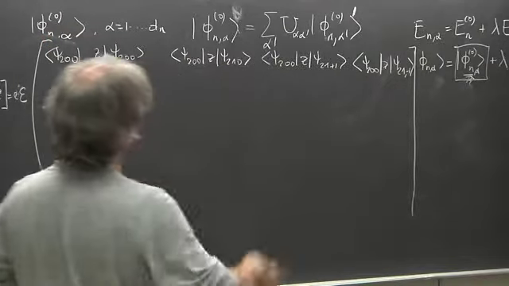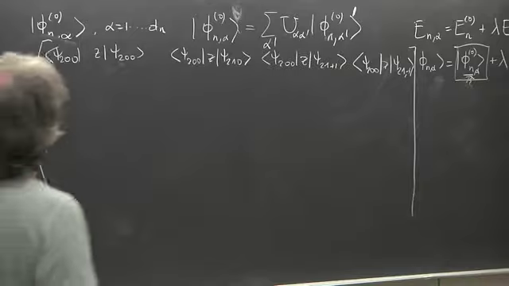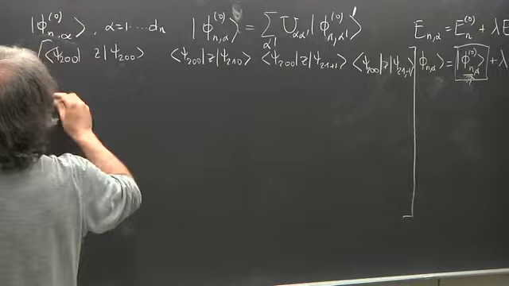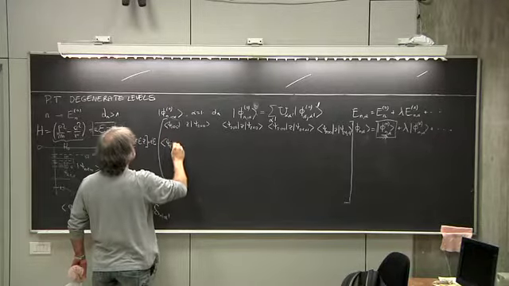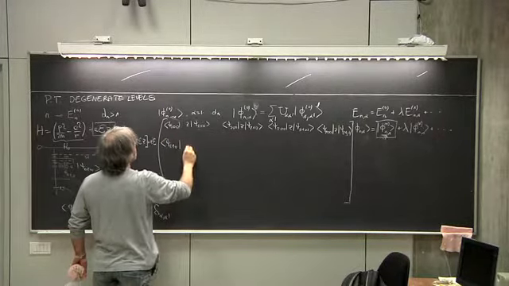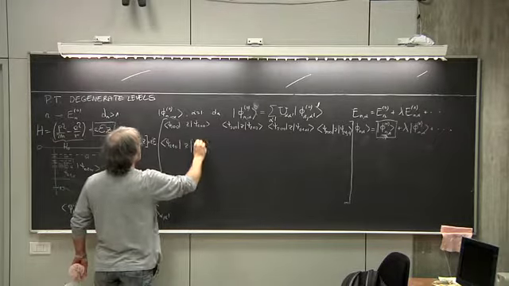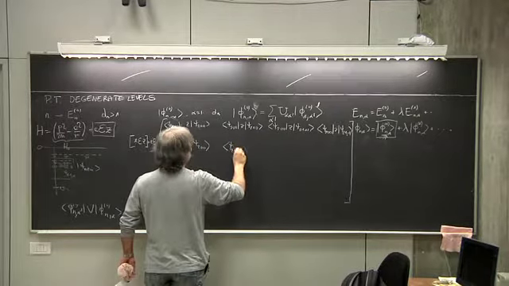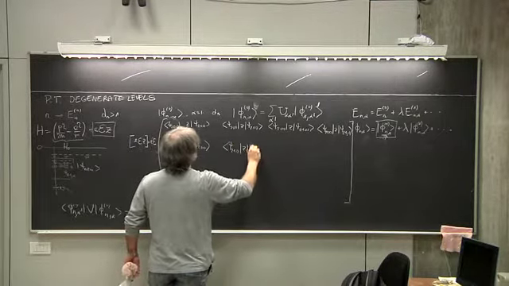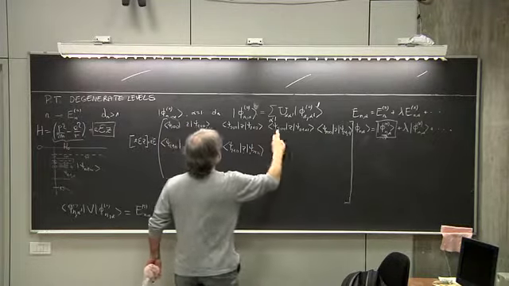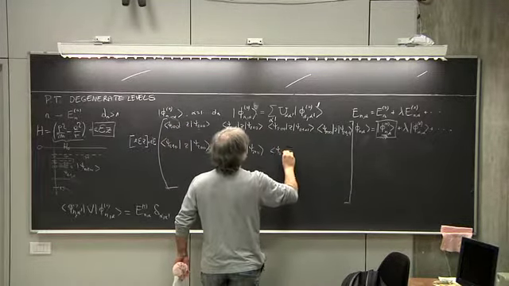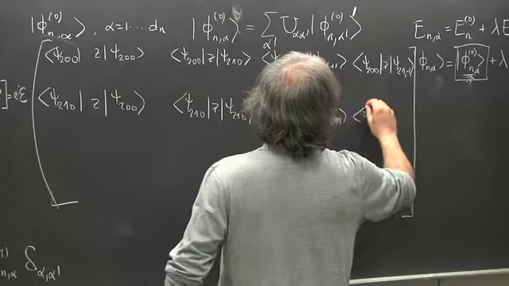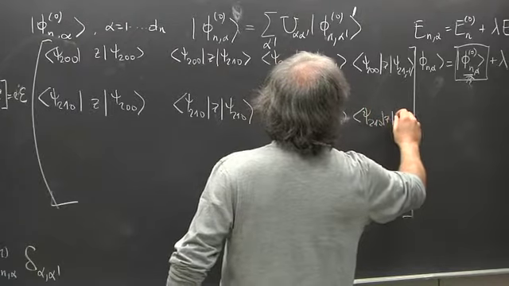It's 4 by 4. I'm occupying a lot of space, I realize. Second row, second state, therefore. Here you put psi 2, 1, 0, matrix element with psi 2, 0, 0. The diagonal, psi 2, 1, 0, z, psi 2, 1, 0. Then the matrix element with the plus 1, and then the matrix element with the minus 1.